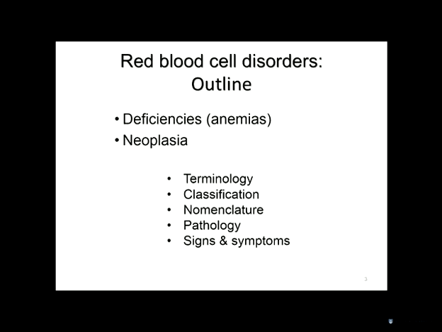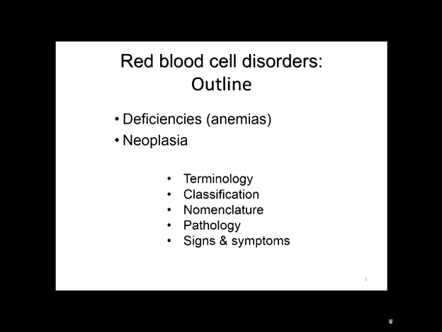All right, so when it comes to red cell disorders, this is the outline of what we're going to be talking about. The vast majority of problems that we generally have to deal with when it comes to red cell disorders are deficiencies, so-called anemias.